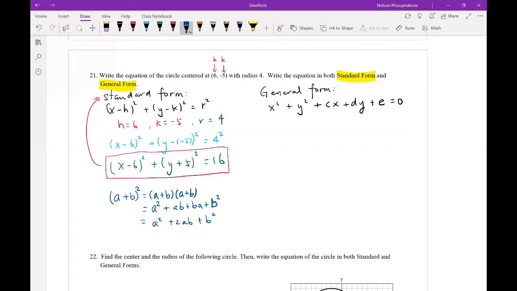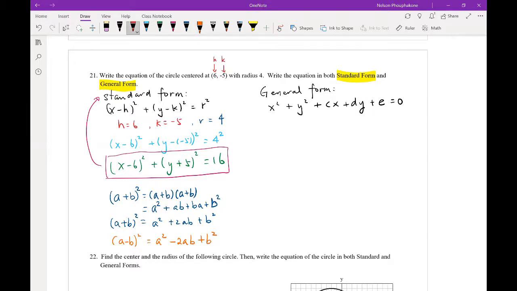Basically, (a plus b) squared is equal to a squared plus 2ab plus b squared: the first term squared plus 2 times the first times the second plus the second term squared. Similarly, (a minus b) squared is a squared minus 2ab plus b squared.